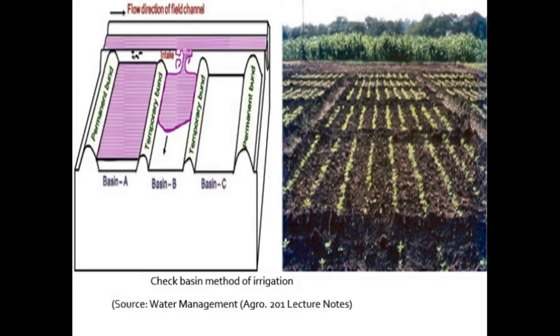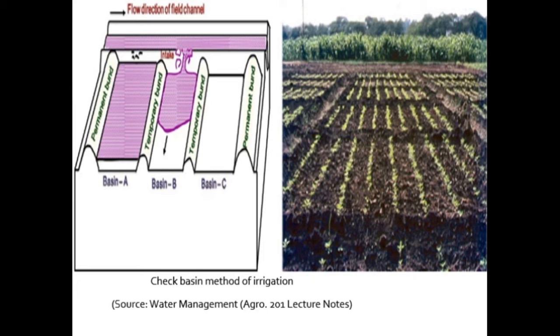The advantage of check flooding is that high irrigation efficiency can be achieved with a properly designed check system. Likewise, unskilled labor can be employed as there is no danger of erosion. Likewise, there are a few disadvantages of check flooding as well.